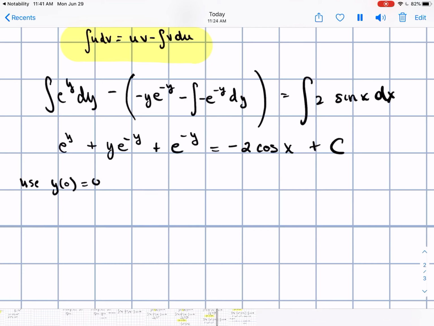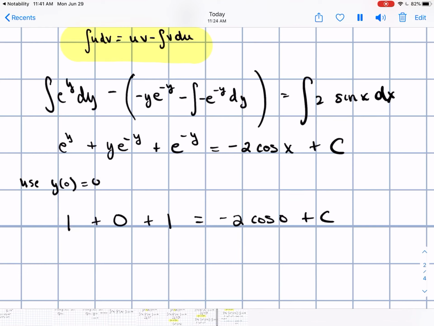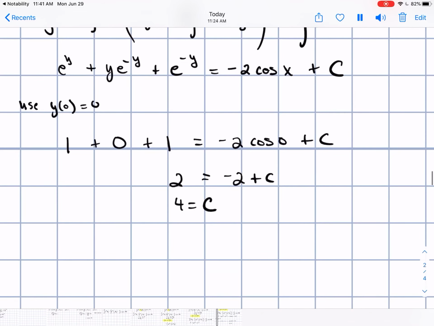So e to the 0 is 1 plus 0 plus 1 equals negative 2 cosine 0 plus c, which we know cosine 0 is 1. So that's just negative 2, right? So negative 2 plus c equals 2. So 4 equals c.